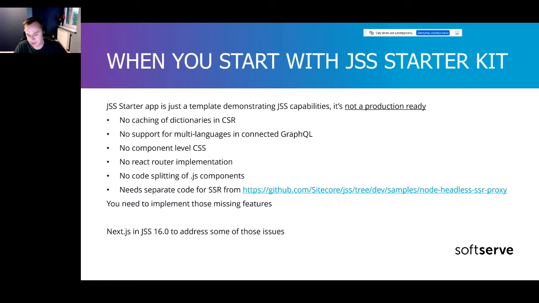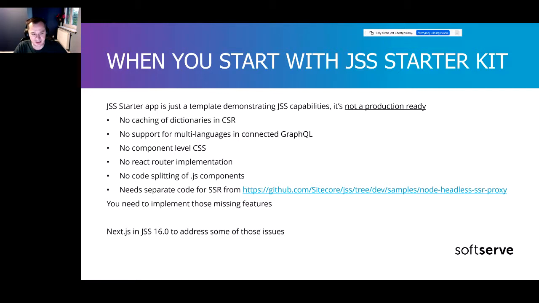You need to use, I think, SASS to achieve this. There is no implementation of React router, no code splitting of JS components, and it needs separate code for the server-side rendering proxy. But it's also published by Sitecore on their GitHub. So in production, you basically need to implement those missing features if you want to use them.